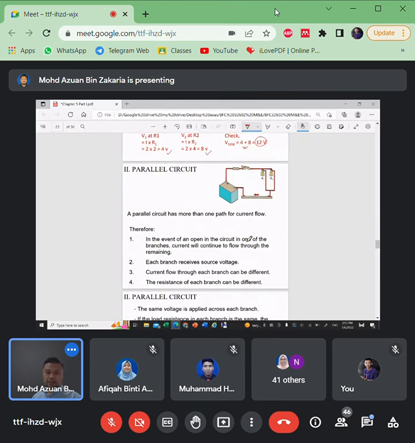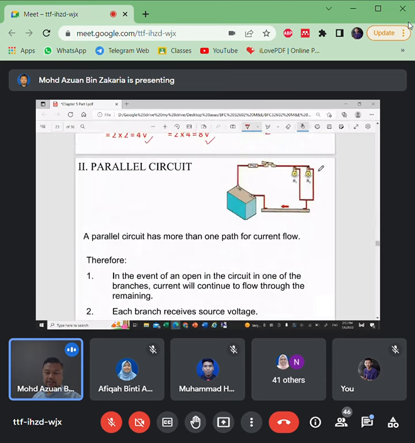Right. Okay, parallel circuit looks like this. It can come from mains, from supply. Okay, it can have a branch. So one of the advantages is, if inside the branch there is a failure, putus, cut in the branch, the current still can flow at another path.